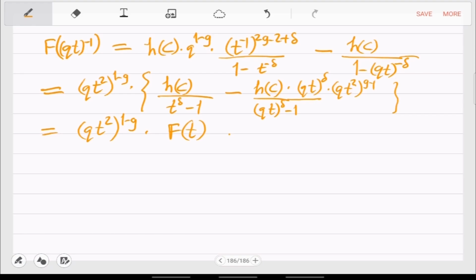So the two terms here have just switched when I applied 1 over qt, but then in the denominator also you have to switch them, so you will get back F(t). Yeah, so big F is already behaving very well. This is just one half of the zeta function. Let's check the other one.